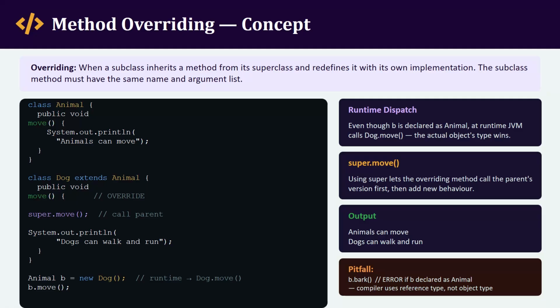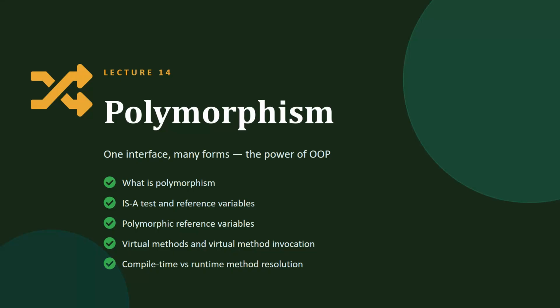So you can now say super, then the method, to be able to access what was to be done. So you can write that simple code to implement such overriding functions. So the animals can move, but dogs can walk and run.